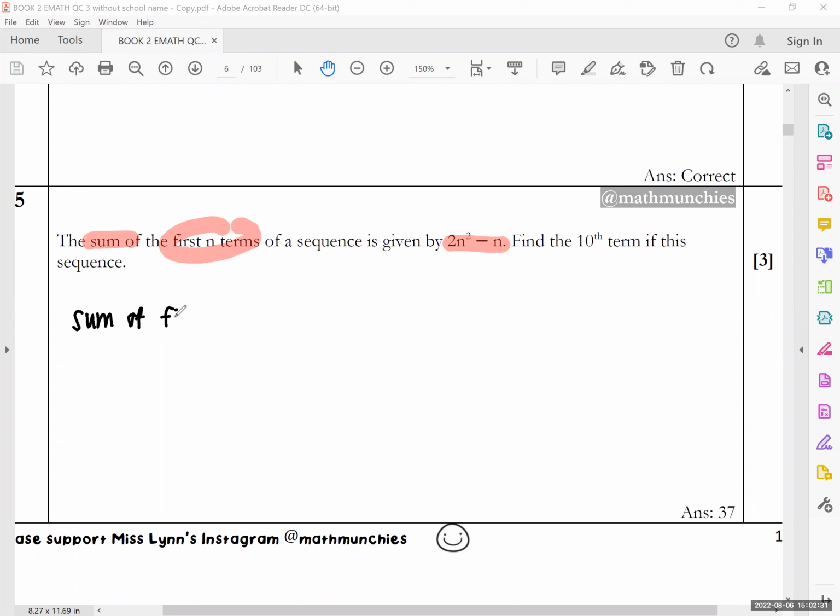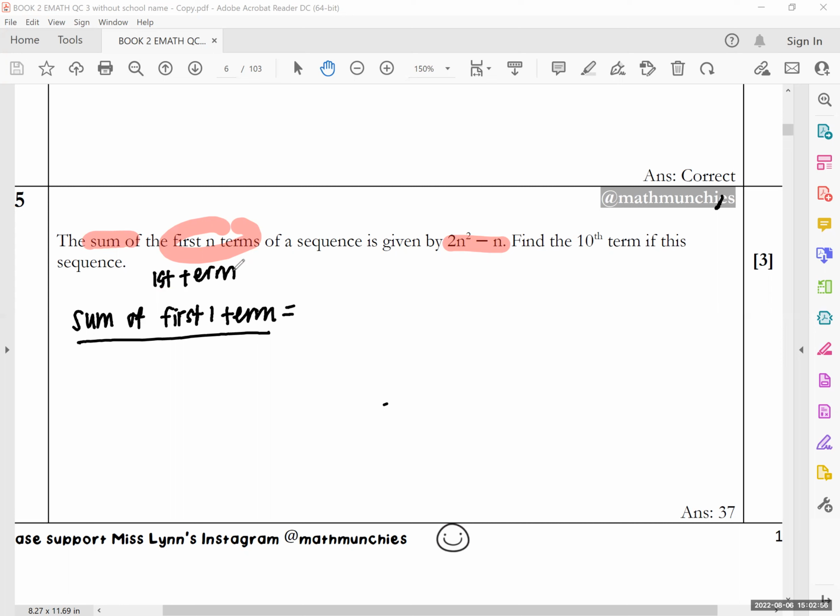Sum of the first, what can the smallest n value be? Okay? Sum of the first one term. If you think about it logically, what do they mean by the sum of the first one term? Yes, it literally means it's the first term, because the first term cannot add with anybody else, right?